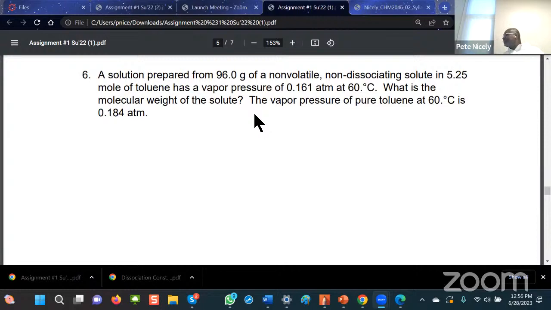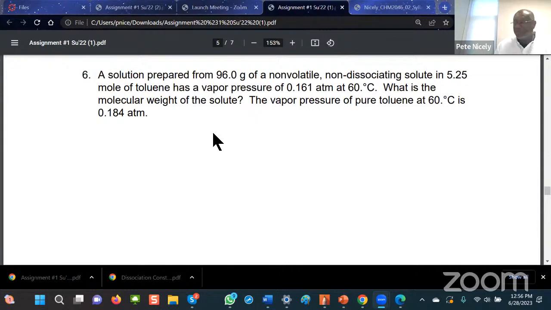Okay, so this question says that you have a solution that is prepared from 96.0 grams of the solute in 5.25 moles of toluene, and the vapor pressure of that solution is 0.161 atmospheres at 60 degrees Celsius. So the question is asking, what is the molecular weight of the solute? And it gives you some additional information that the vapor pressure of pure toluene at 60 degrees Celsius is 0.184 atmospheres.